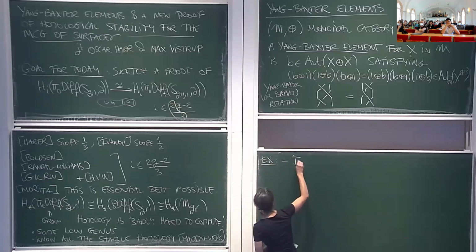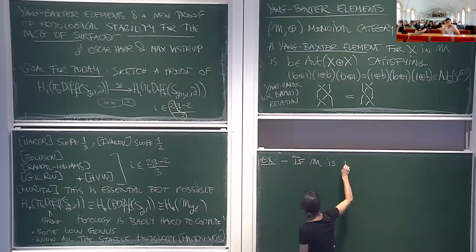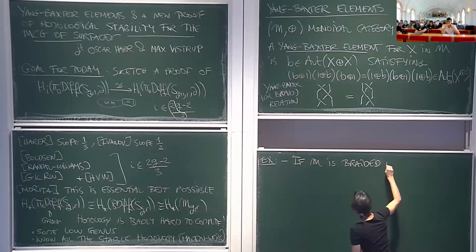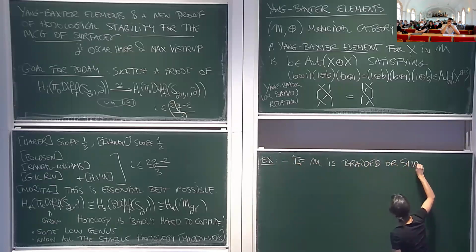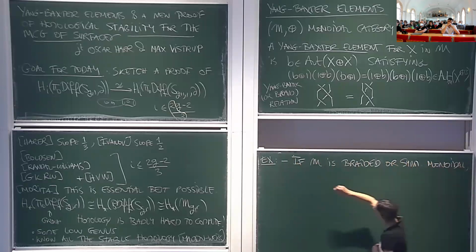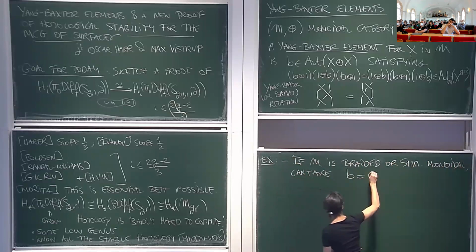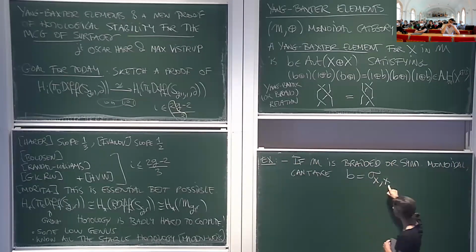Well, if M is what is called braided or symmetric monoidal, then you can always take B to be the symmetry for the object X and itself. A braided monoidal category has exactly one of these, and it's a condition that it satisfies this relation. So that's a standard example.